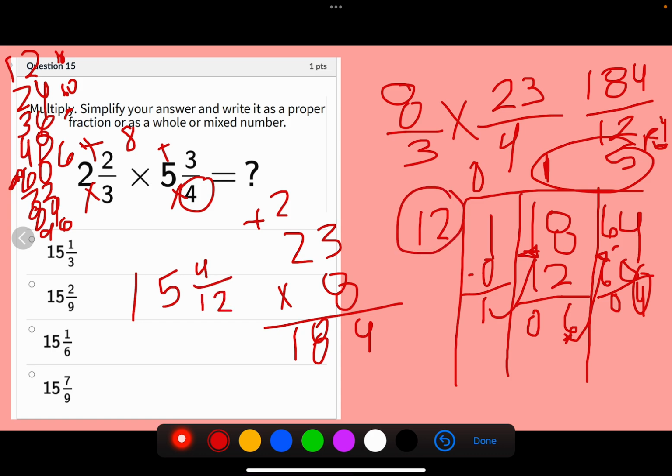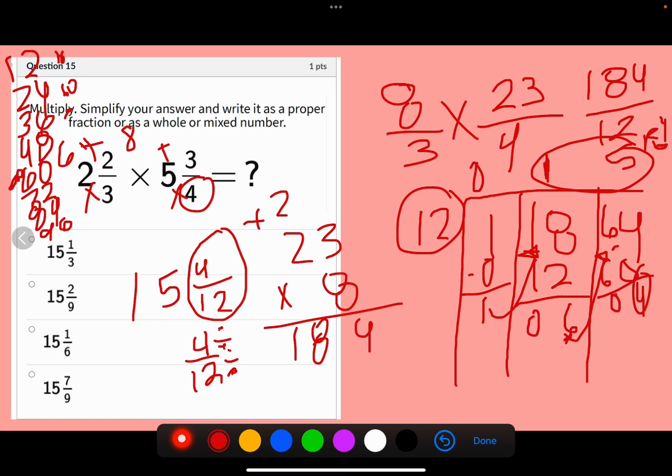Say there. Do you see this as an answer choice? No. So that's because you need to simplify this fraction. So to make this easier, is there something common, a number we can divide both of them by to simplify this fraction? Yes.